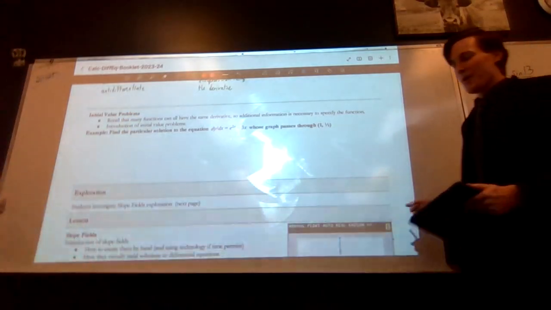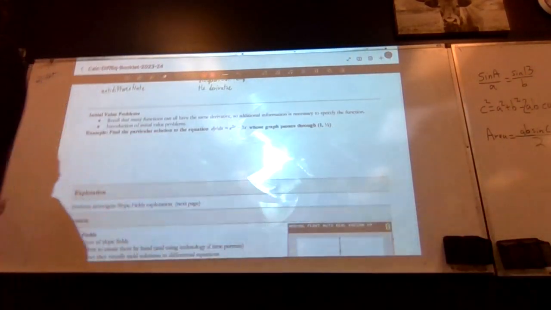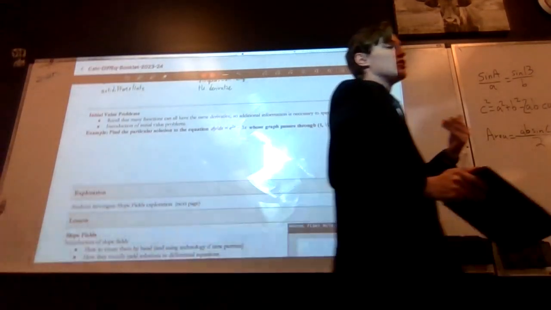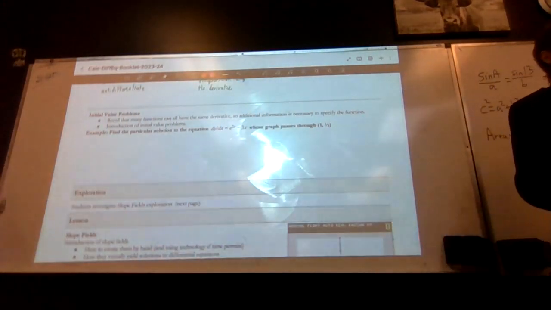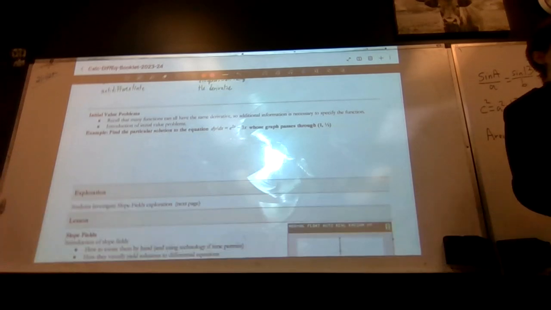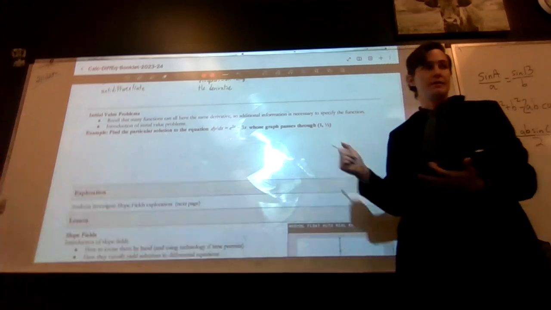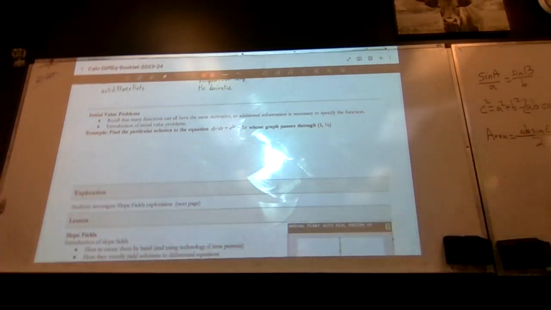Okay, let's go over the initial value problem. All right. Now, with our integrals, as I said, we have a plus c. However, a lot of the times, just like with point, slope, and derivatives, even though there's an infinite number of derivatives, we know that we can find a value if we're given a point. So that is exactly what we're going to do now.